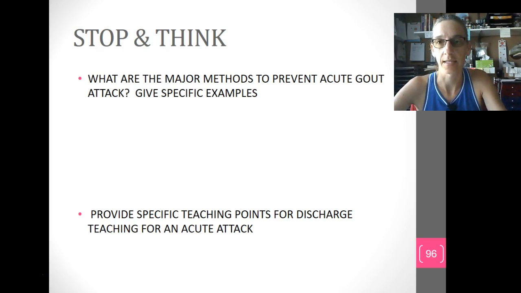Again, these are all things that were considered the expensive foods only the wealthy could afford. Weight loss, but avoid fasting, low-carb diets, and rapid weight loss because that inhibits uric acid excretion. Increasing water intake and decreasing your alcohol intake.